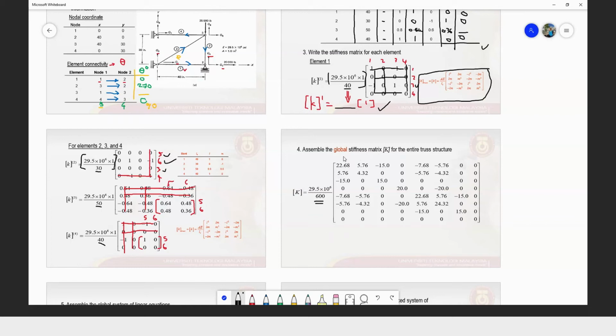Then instead of kita prepare our matrix of the size 8 by 8, 4, 5, 6, 7, 8. So kat sini pun sama lah, from 1 up to 8.